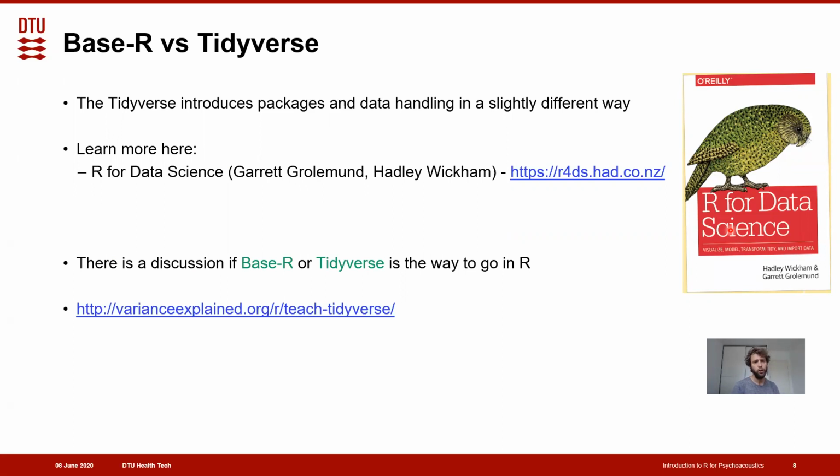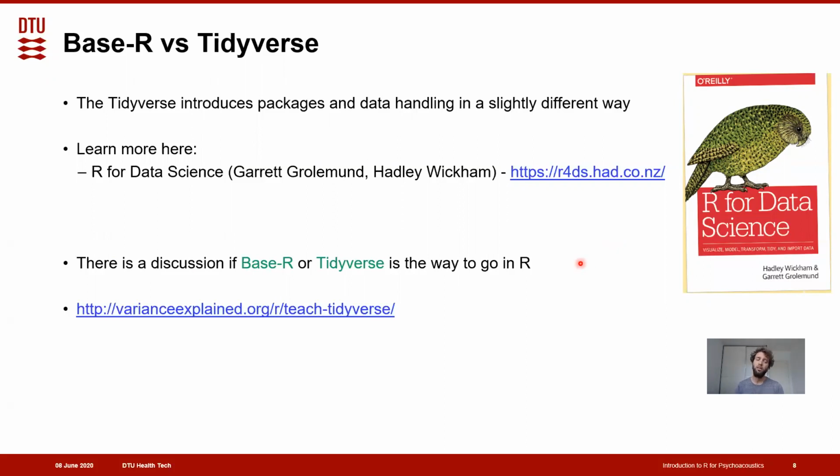There's a great book called R for Data Science that you can find from this link, or also when you go to the webpage of Tidyverse. It gives a super nice overview on how you can use all these functions, and generally gives a nice introduction on how to use R in a slightly, let's say, non-traditional way.